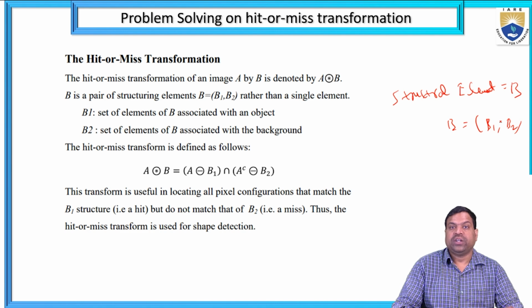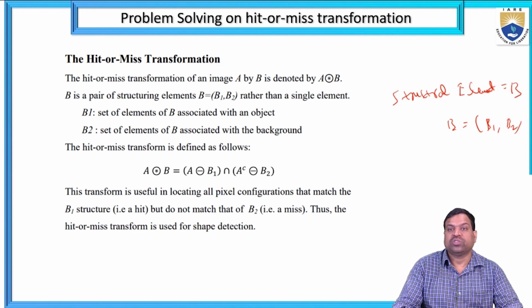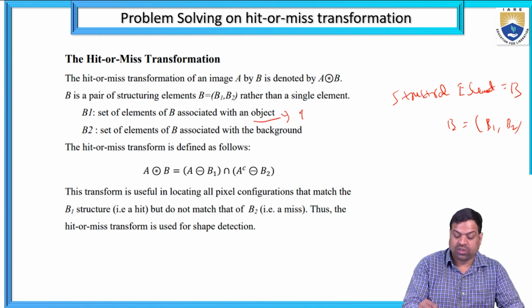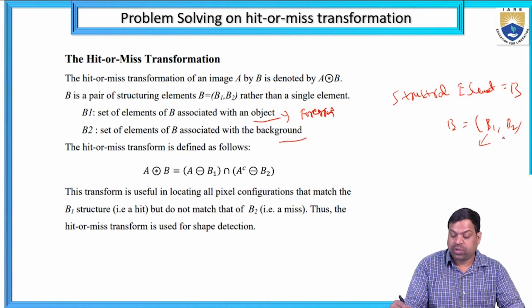Then a single element B1 equals the set of elements of B associated with an object, and B2 equals the set of elements of B associated with the background. Okay, object is nothing but a foreground, and this is the background. So B1 is an object.